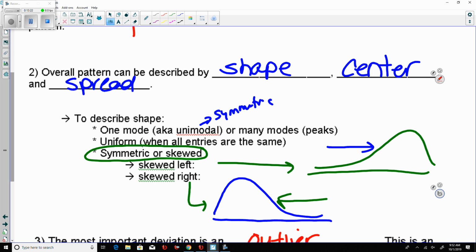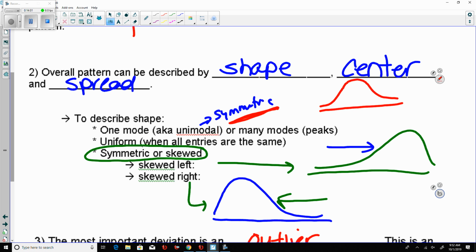Okay, so if we're on page 73, your one mode is top left. So one mode, unimodal. It's like your normal bell curve, if you were to fill it in. And that's what stats 2 is based upon, a standard normal distribution. So it's symmetric.